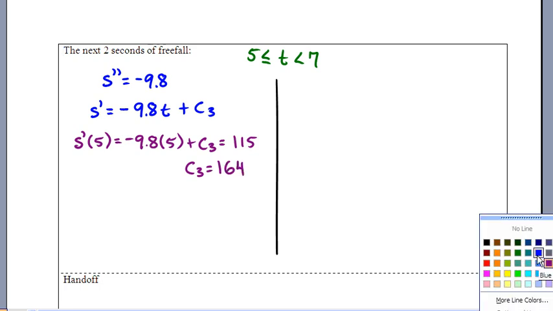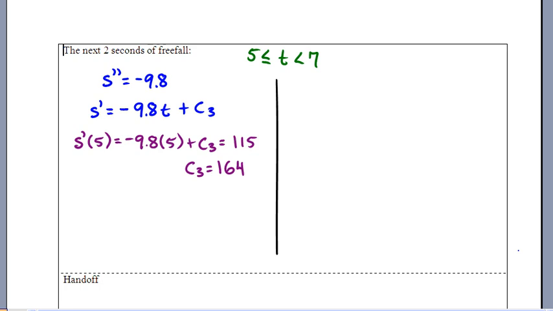Which means if you want to keep the clock running, measuring time from when you first launch your rocket, in these 2 seconds, it's actually this machine right here that's going to tell you how fast you're going. Negative 9.8 t plus 164.